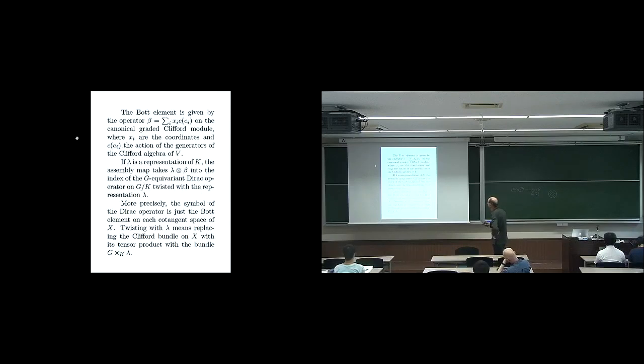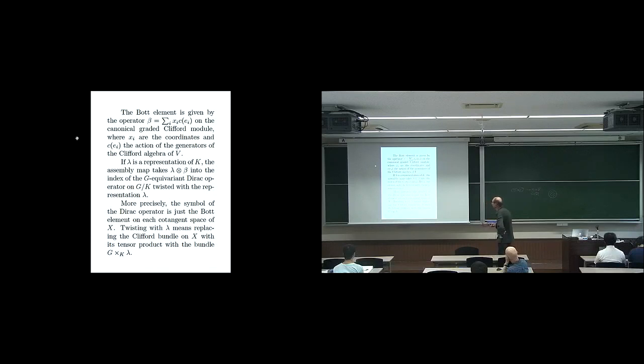Now the Bott element is just a multiplication by the coordinate function times Clifford multiplication by the dual element of the Clifford algebra. When you make a Fourier transform, when you pass from the symbol to the operator, the corresponding operator on G mod K will be what is called the Dirac operator.